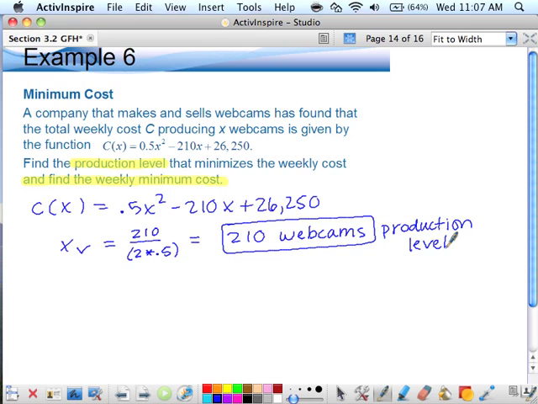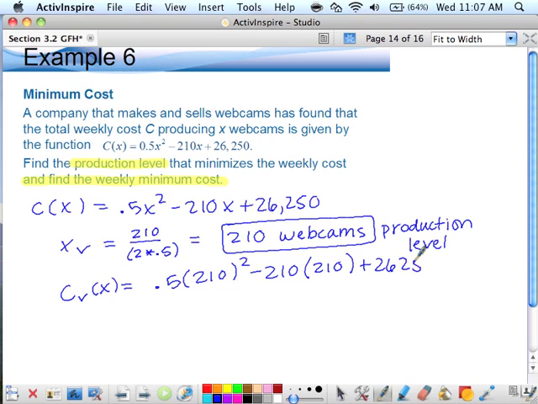Now you're being asked to actually find the weekly minimum cost. Which variable stands for cost? The C variable, right? So basically that's the y value. It's acting like the y value. So if I want to find the y value or the C value of the vertex, I simply substitute 210 into the original, and see what I get.